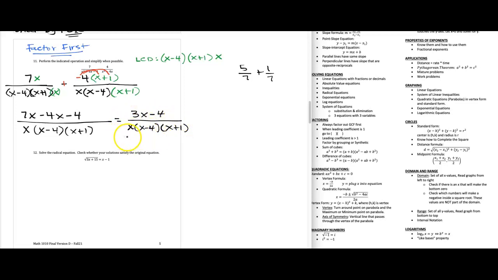There's nothing more that can be simplified. If there was something that could simplify, we'd have to factor this top. And this top didn't factor. Like say it was like 3x minus 6 or something like that, and I could factor a 3 out of both of those. Well, there's nothing that can factor there. So I am done. That is my answer.